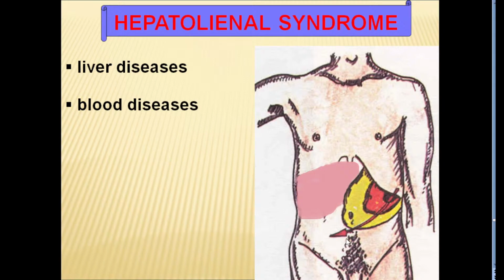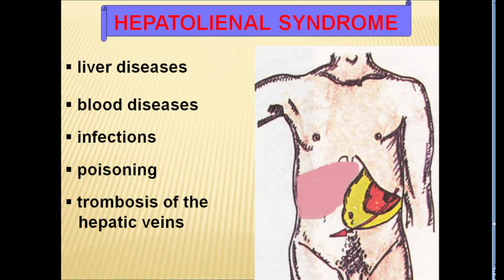But first of all, we remember about leukemia. We must remember about some infectious diseases, and first of all, there are malaria, typhoid fever, poisoning, toxic hepatitis, poisoning with alcohol, with some medicines, with some food.